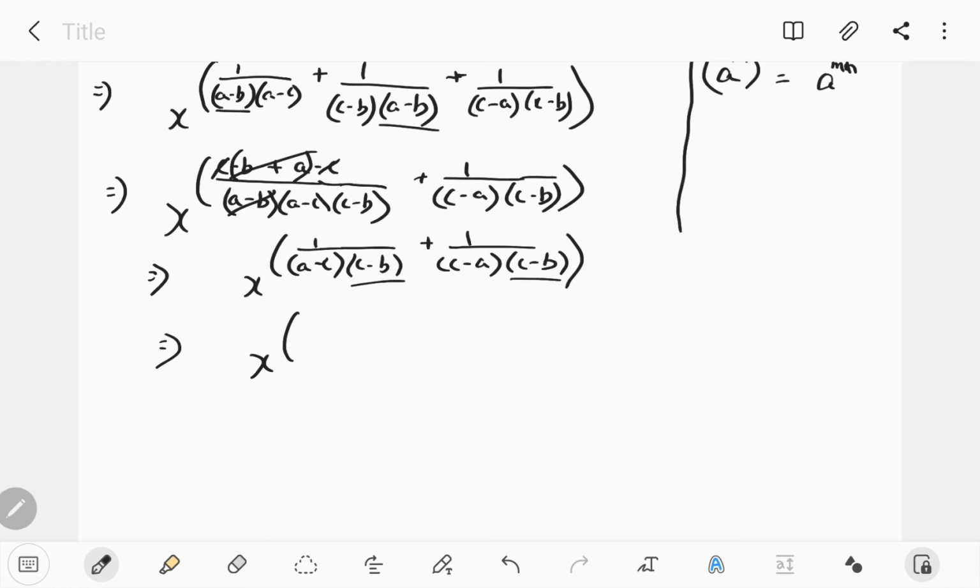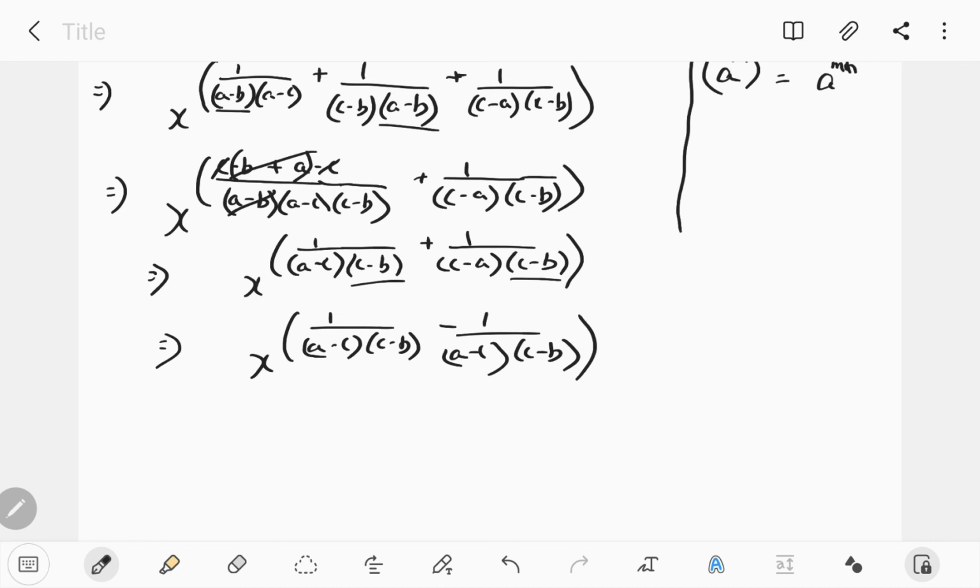C minus a is nothing but minus of a minus c. So it is more or less the same denominator. I just have to change the sign on the top. It will become 1 by a minus c into c minus b, minus of 1 into a minus c and c minus b again. I'm just taking the minus out of c minus a, it will become a minus c. Now the denominator is common, a minus c into c minus b.